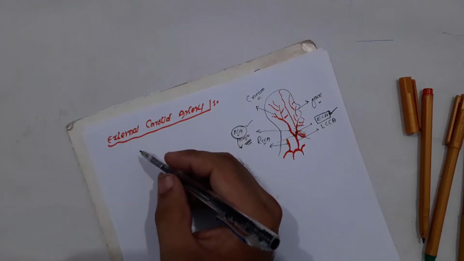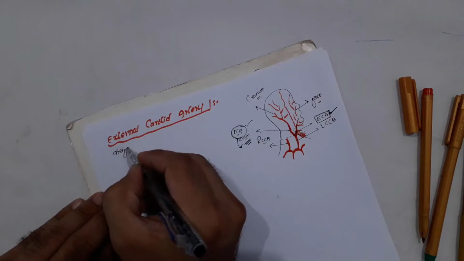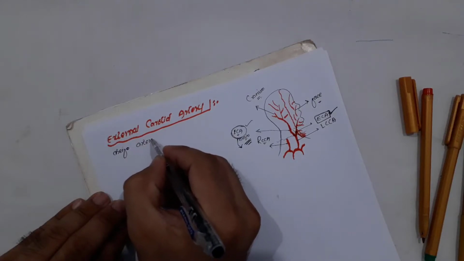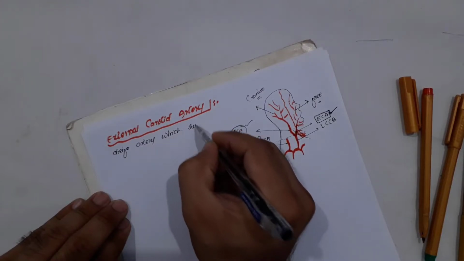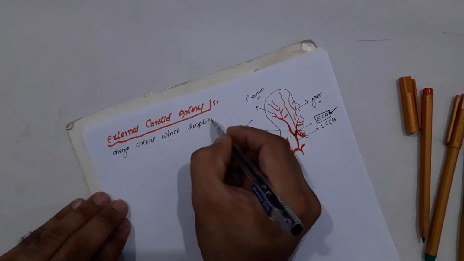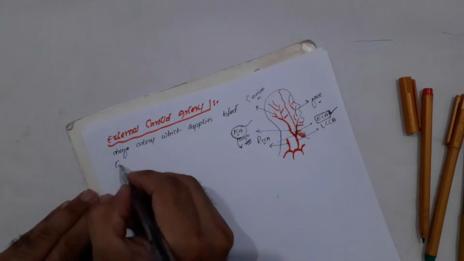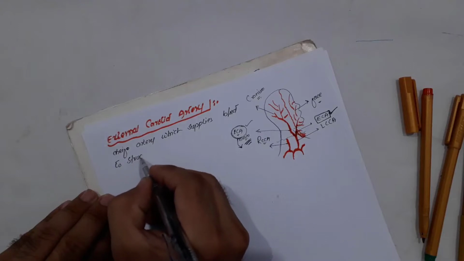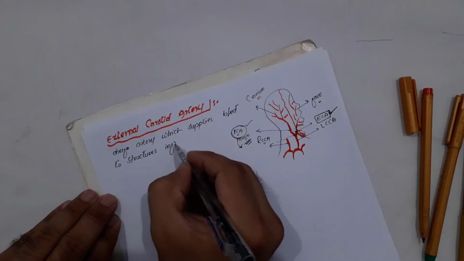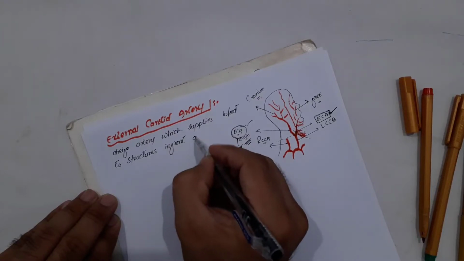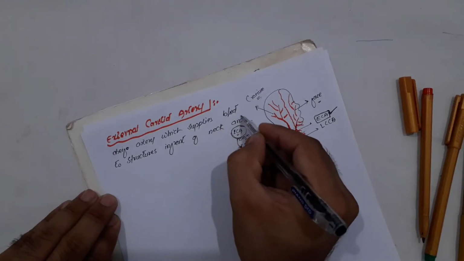So I'm writing here that it is the chief artery which supplies blood to structures in front of the neck and face.